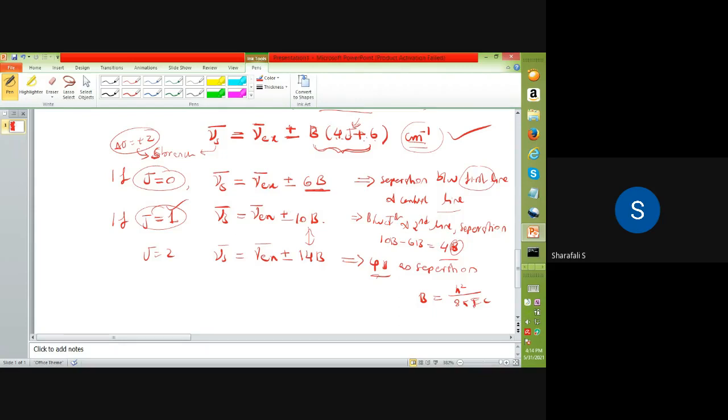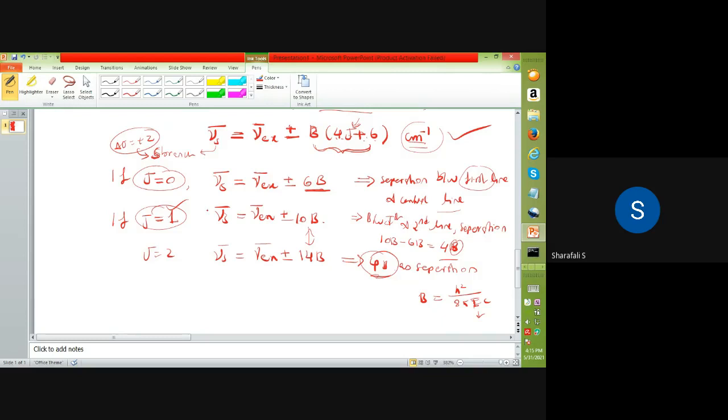Using this equation you can get B, and from that you can get I, the moment of inertia for that particular molecule. From that you can calculate the average distance between the atoms in the molecule. Similarly, if you know the bond distance, you can calculate the reduced mass of that molecule, and from that the mass of the isotope, which we already discussed.